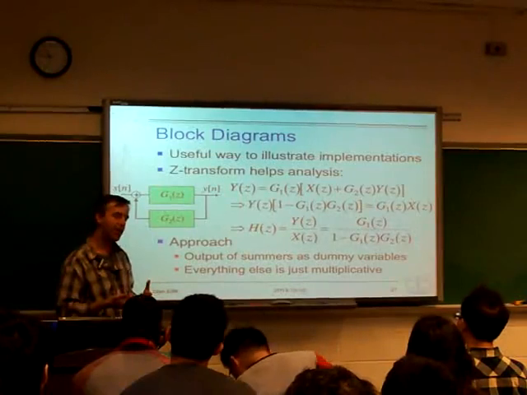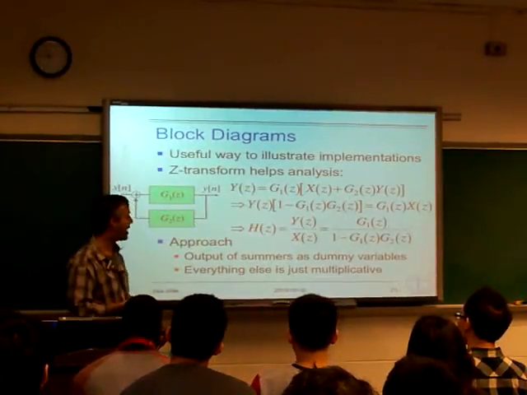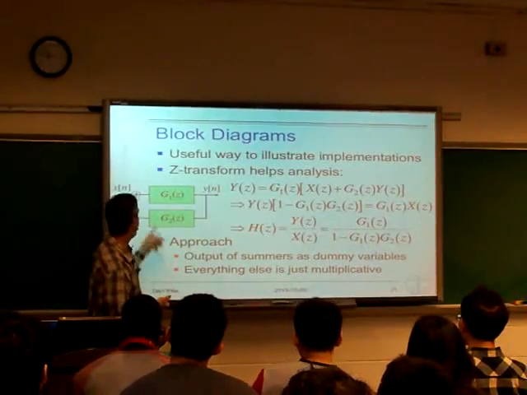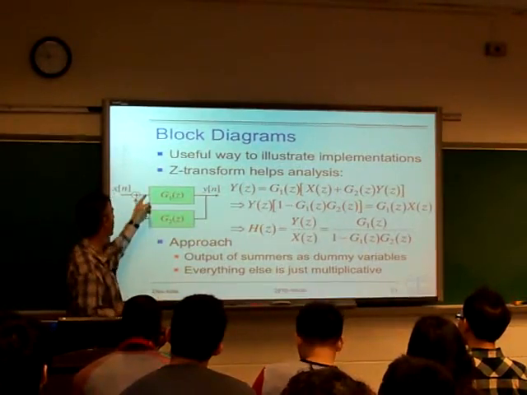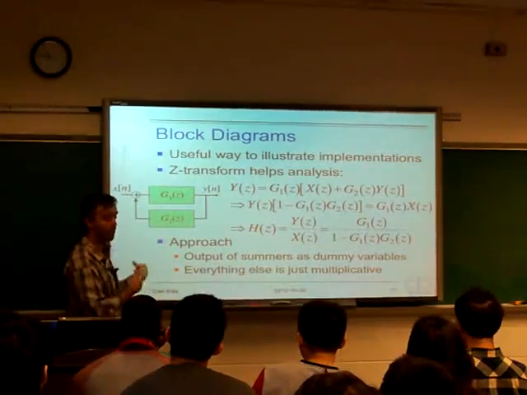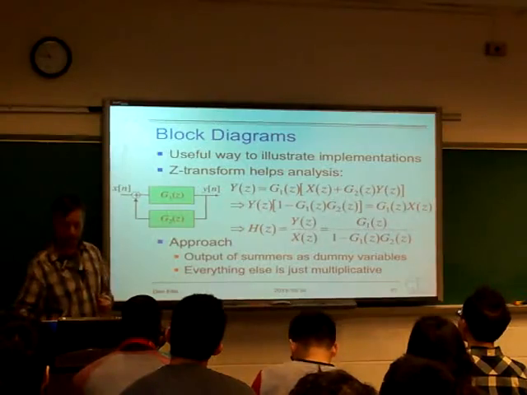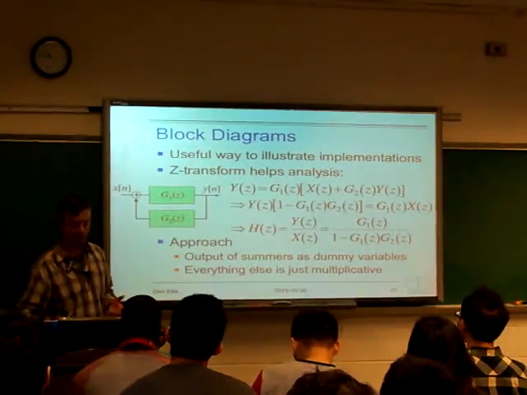In general, we can solve these things algebraically, fairly mechanically. All we have to do is find each summation node, give a dummy variable name to the output of that summation node, and then just do algebra, eliminating the dummy variables.